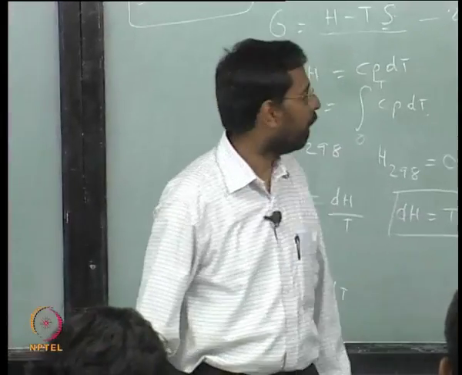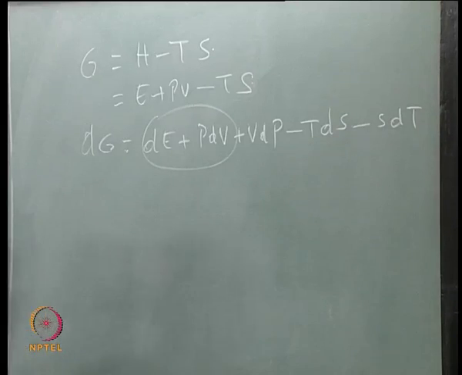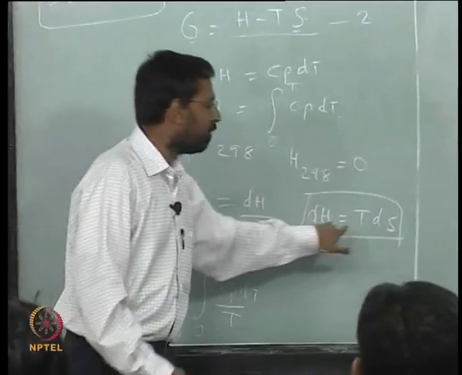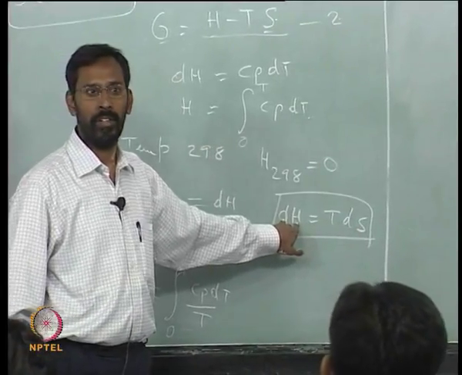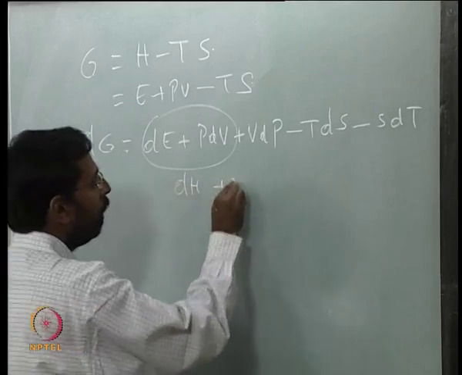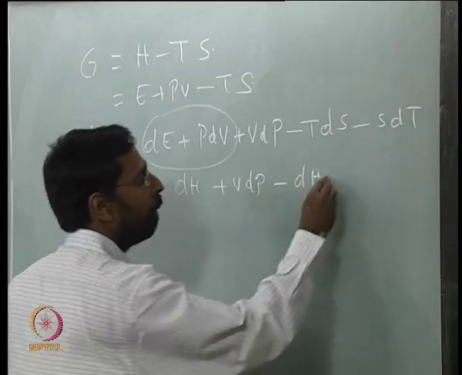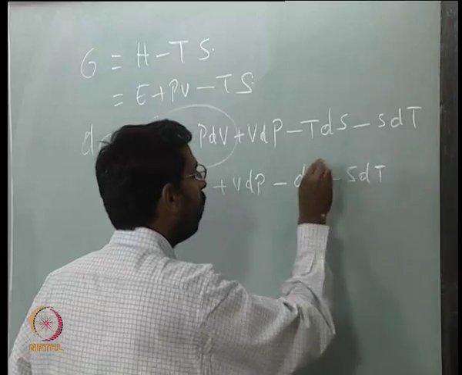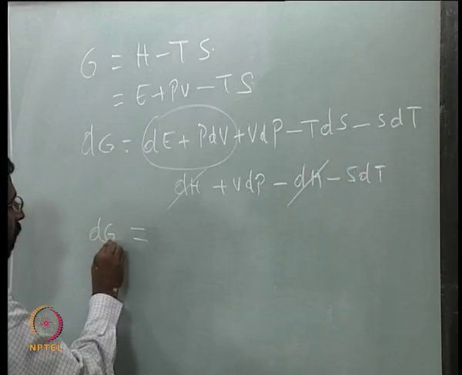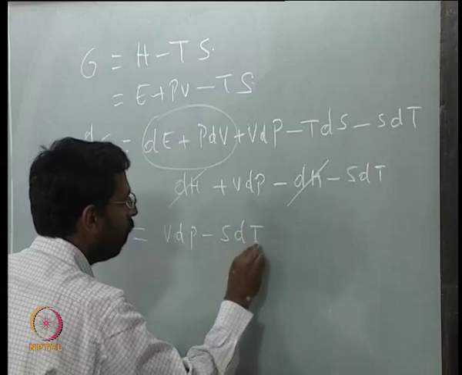We all know that dH is defined in terms of that, and TdS is dH. Where did we define? Okay, somewhere here. TdS is dH. So in principle this is dH plus VdP minus dH minus SdT. So as a result these two get cancelled, and you end up in an expression that dG is VdP minus SdT.